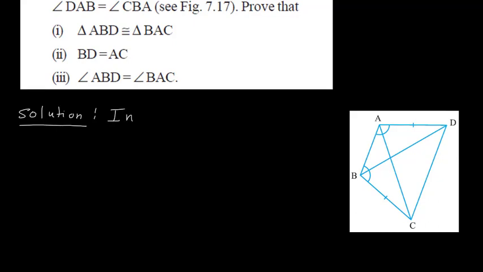So in triangle ABD and triangle BAC, I have taken triangle ABD and BAC. Now in these two triangles, first, AB and BA are common.